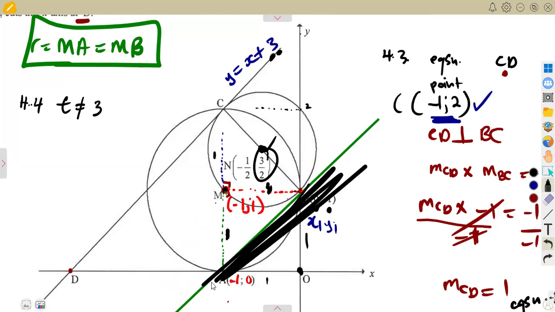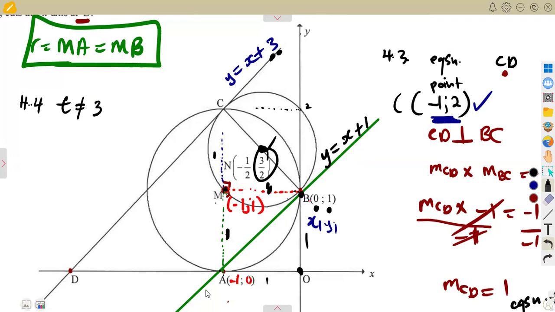There is a positive 1 in terms of the gradient. Not just being positive, but exactly positive 1. And it passes through the y-intercept at B, so it is y is equal to x plus 1.